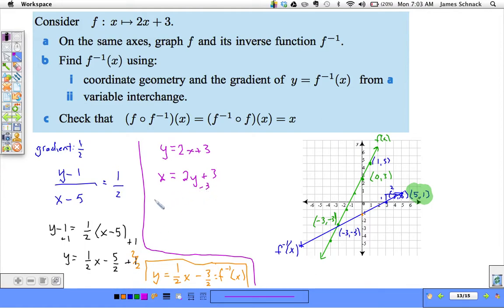So I'm going to subtract 3. Divide by 2. y equals x minus 3 over 2. That's our inverse. And that's the same thing we got using the slope formula. Basically, the rule of thumb is to find an inverse algebraically, you take x and y, you switch them, and then you solve for y.